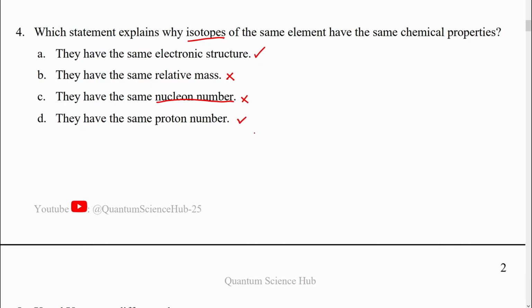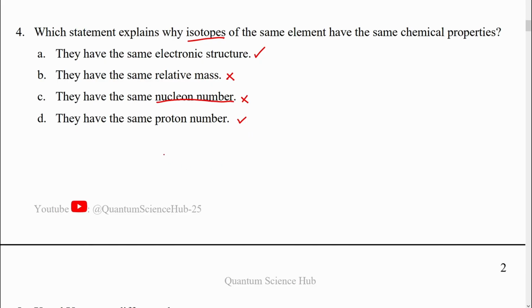But please remember, chemical properties of an element depend on how its atoms interact with other atoms, and that is how they form and break chemical bonds. So these interactions are determined by the arrangement of electrons in the atom, especially those in the outermost shell, the valence electrons. So option D says that they have the same number of protons.